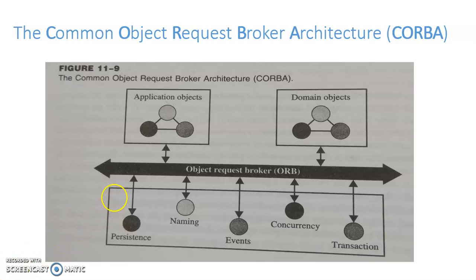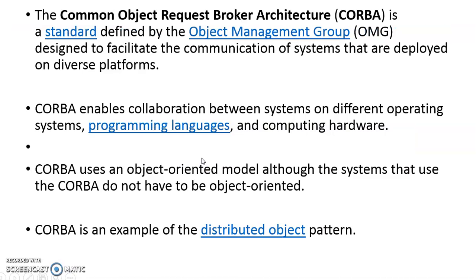The Common Object Request Broker Architecture, also called as CORBA. This is a diagram for this architecture. The Common Object Request Broker Architecture, also known as CORBA, is a standard defined by OMG, that is Object Management Group, designed to facilitate the communication between systems that are deployed on diverse platforms.